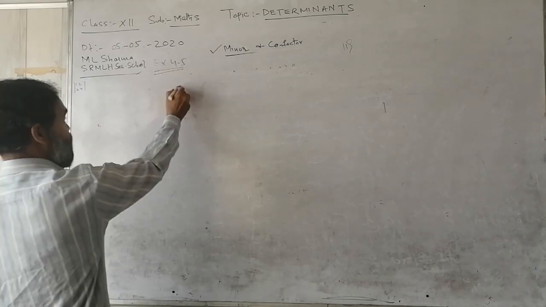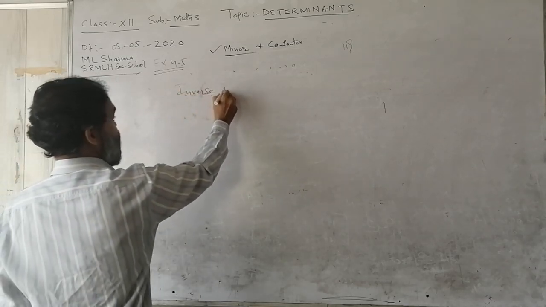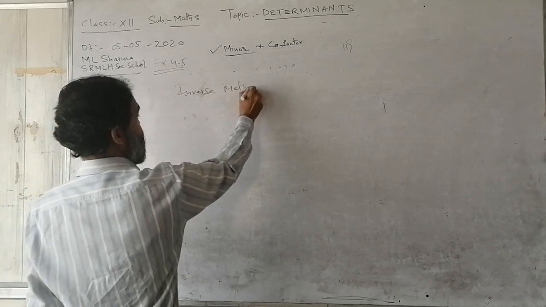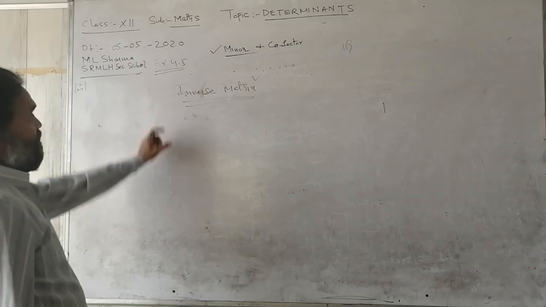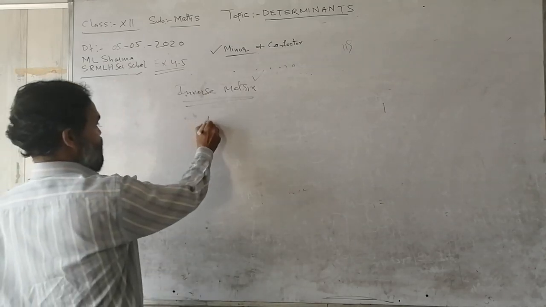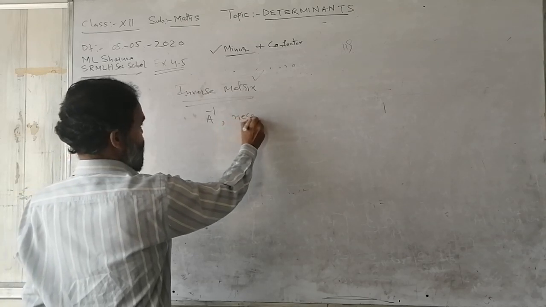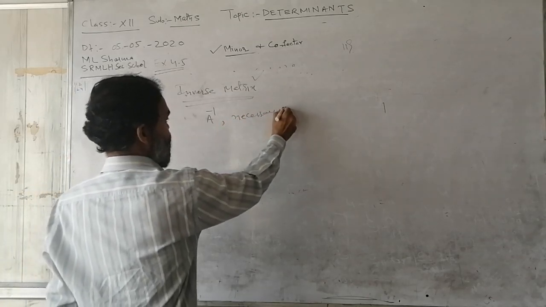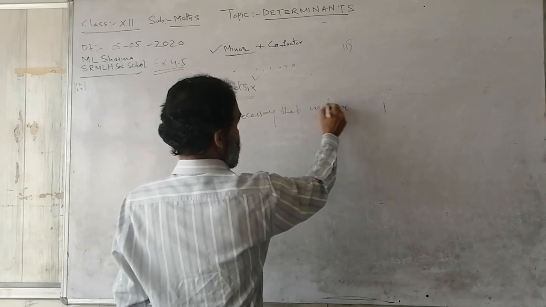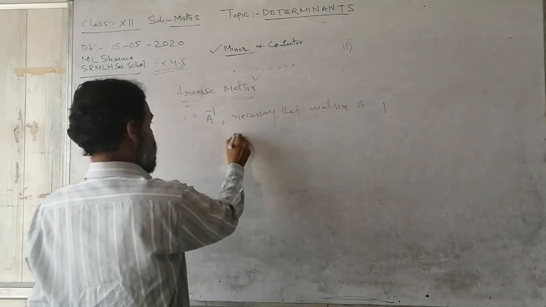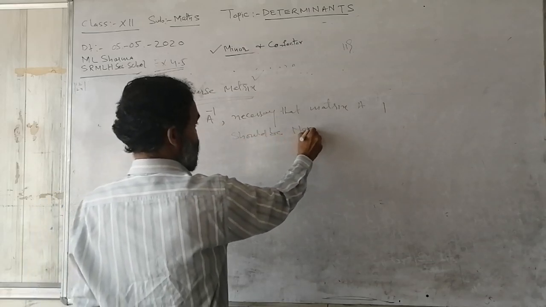So far as the inverse matrix is concerned, it is necessary that matrix A should be non-singular.